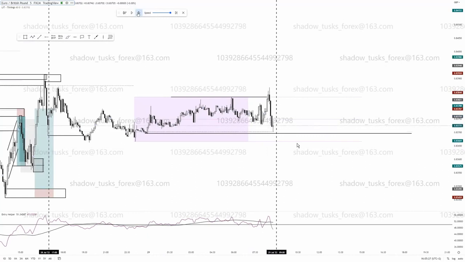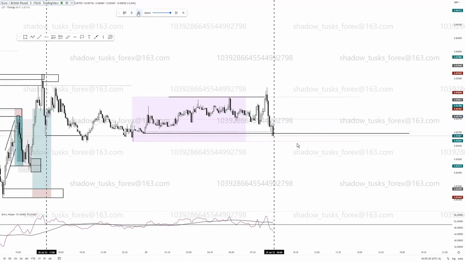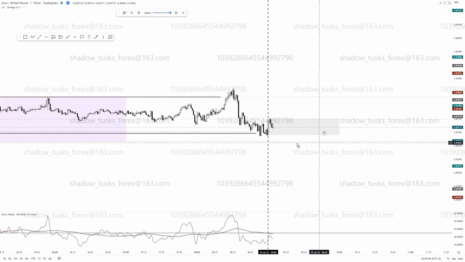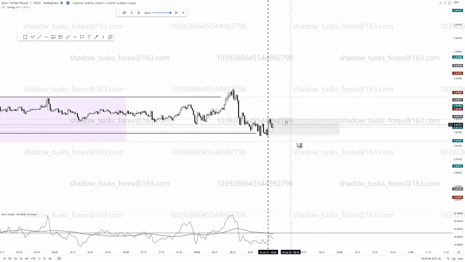Are we going to get it to the minute? Not quite. Almost. Okay. Right there. Boom. So that is potentially our London Open inducement.